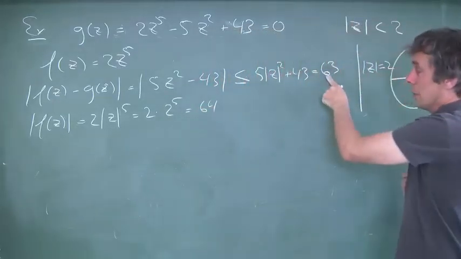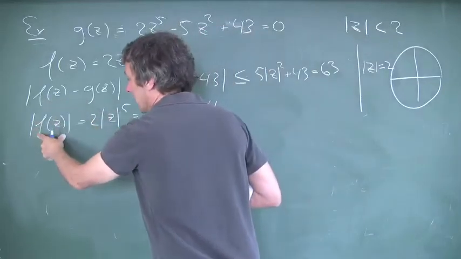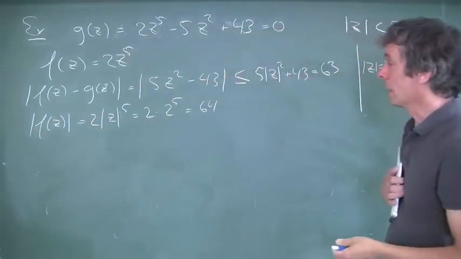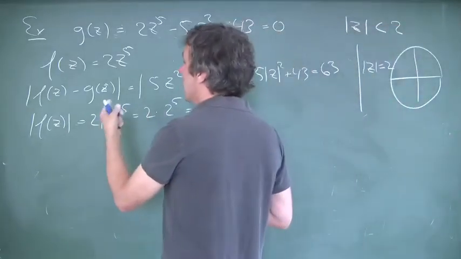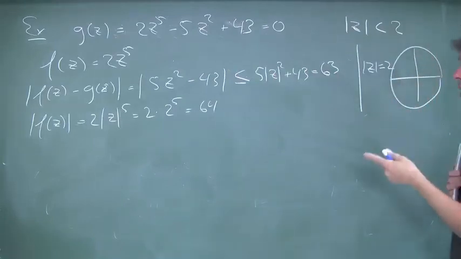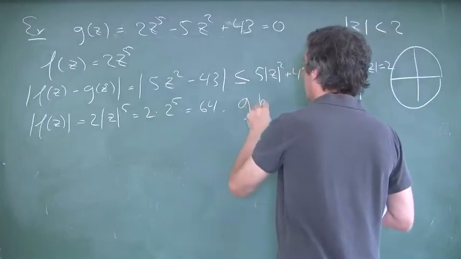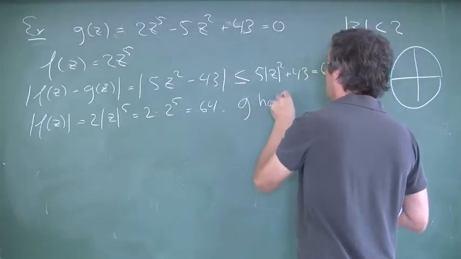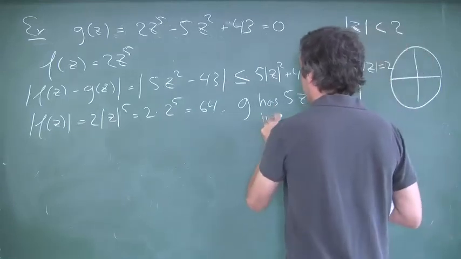So since 63 is less than 64, we have that this expression is strictly less than this one, which means that we can apply the Rouché theorem and conclude that G has the same number of zeros inside this circle as F has, which means then that G has 5 zeros inside.